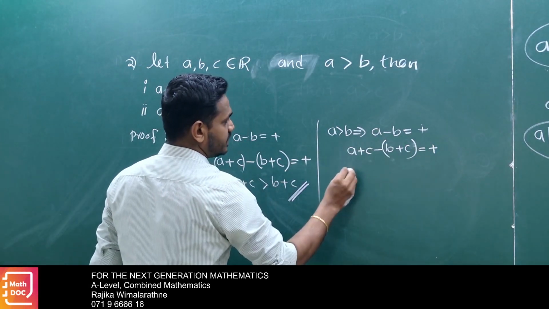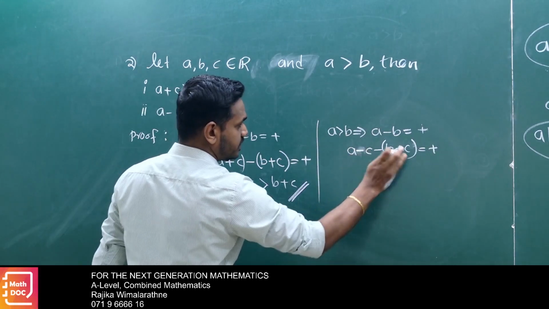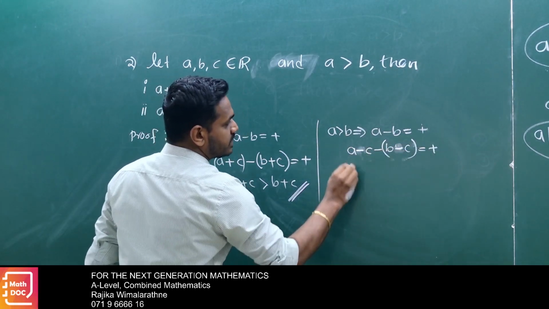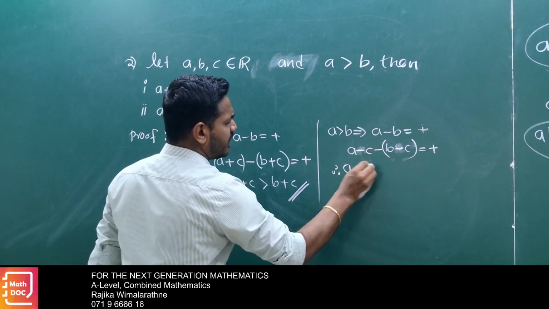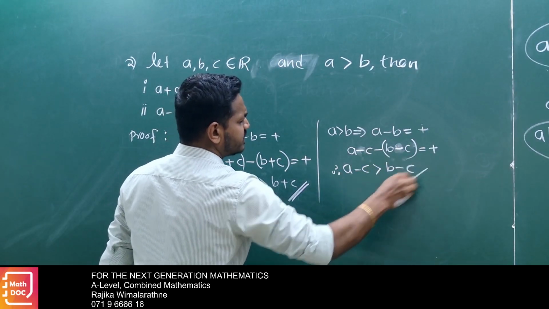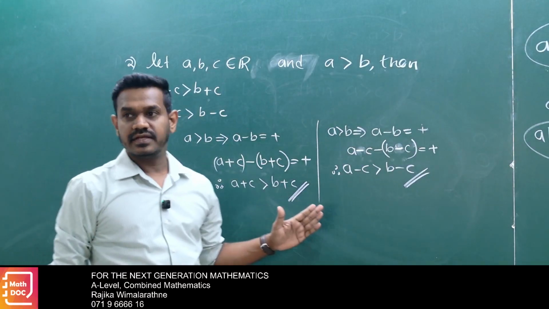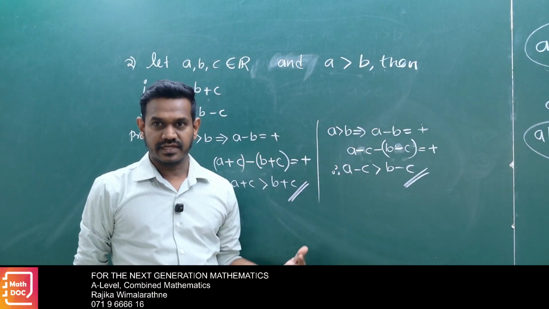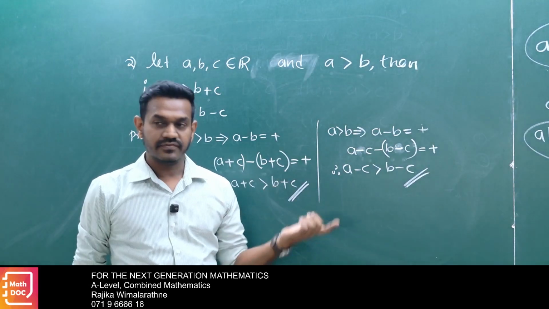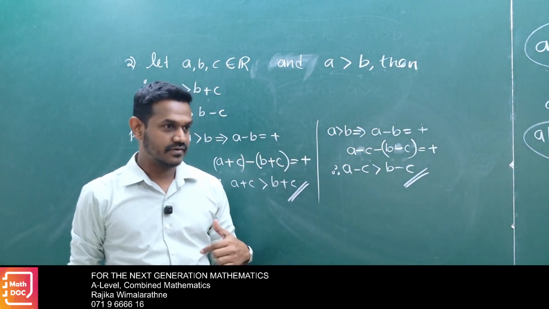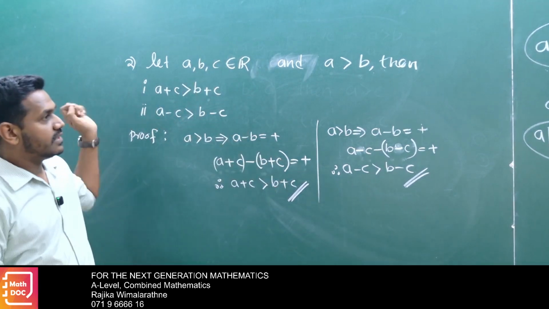Therefore, A minus C greater than B minus C. That's how we prove. Then you remember, we can add any real value to any inequality, both left hand and right hand sides. We can subtract any real value from the inequality, both left hand and right hand sides. Okay. Write it.